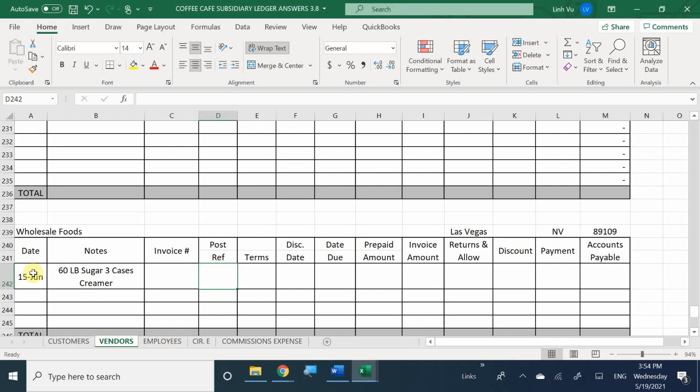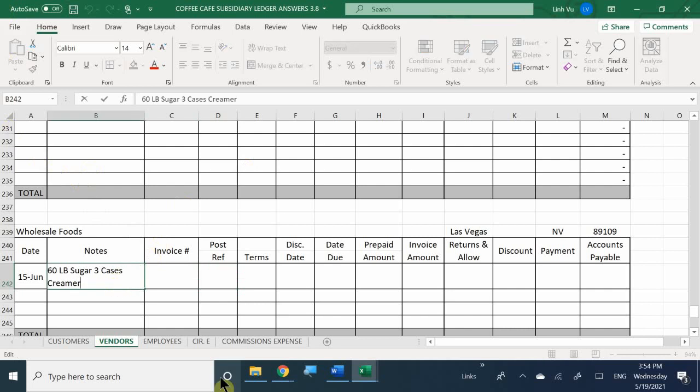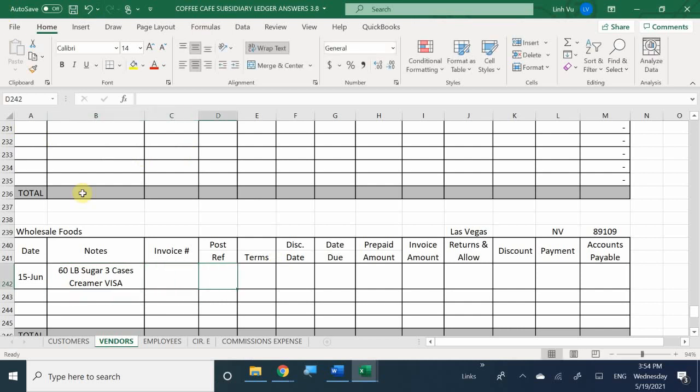Paid with Visa. No invoice number. No post ref is General Journal 5. No counts.